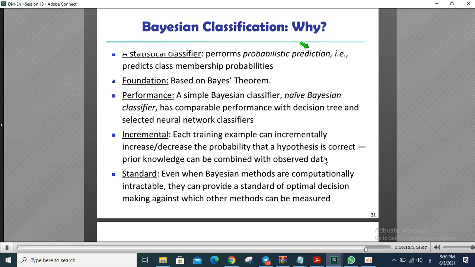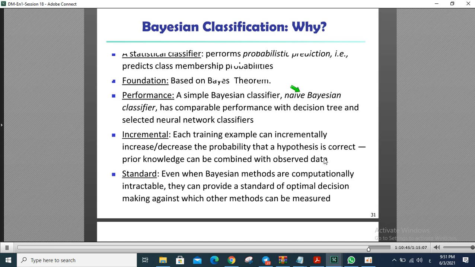We can say that the Bayesian classifier is a statistical classifier. In this classifier, we should calculate the probability of membership in different classes.